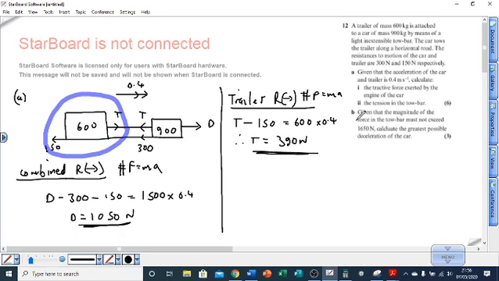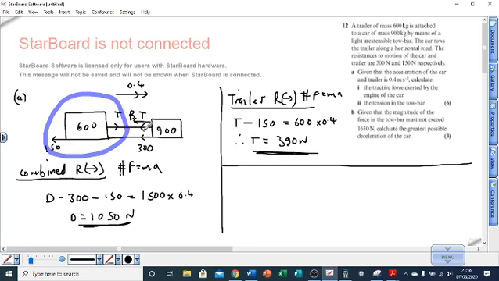Right, for part B, it says, given that the magnitude of the force in the tow bar must not exceed 1,650 newtons, calculate the greatest possible deceleration. Now, deceleration means you can either be using the resistance to decelerate, or you could increase that by putting on a braking force, let's call it B, operating in that direction.